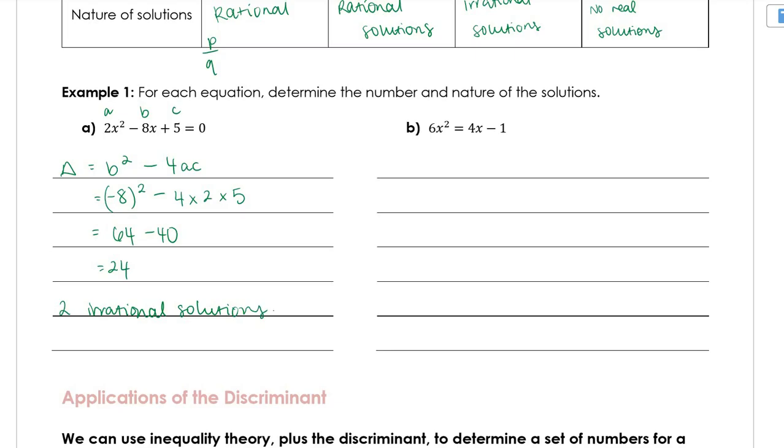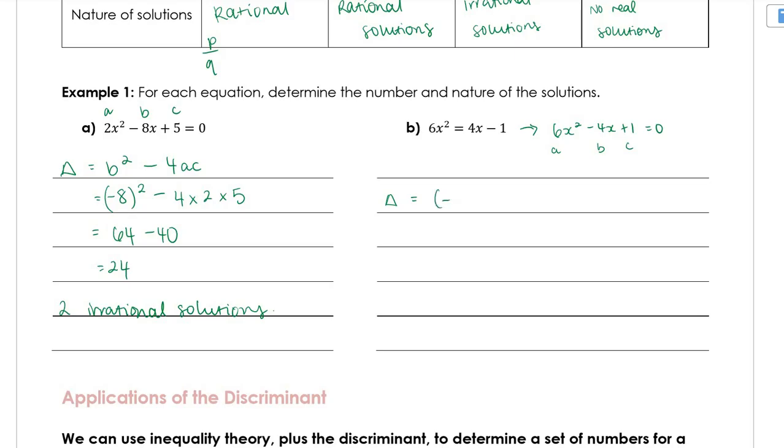Now for this one here, you're first going to have to move everything over to one side, because when we solve the discriminant, that's always when the function is equal to 0. So I've got 6x squared take 4x plus 1 is equal to 0, with 6 being my a, -4 being my b, and c being 1. Then we're going to do the same thing. We're going to find our discriminant.